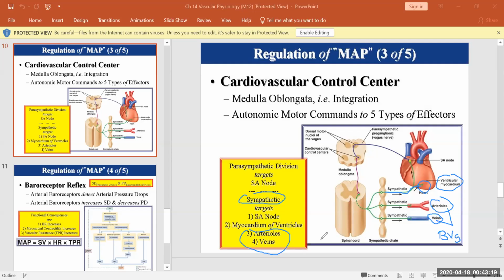Okay? So the sympathetic division can constrict the blood vessels. Depending on the location of the vascular bed, perfusing the type of tissue, it can either constrict the blood vessel or it can dilate the blood vessel.